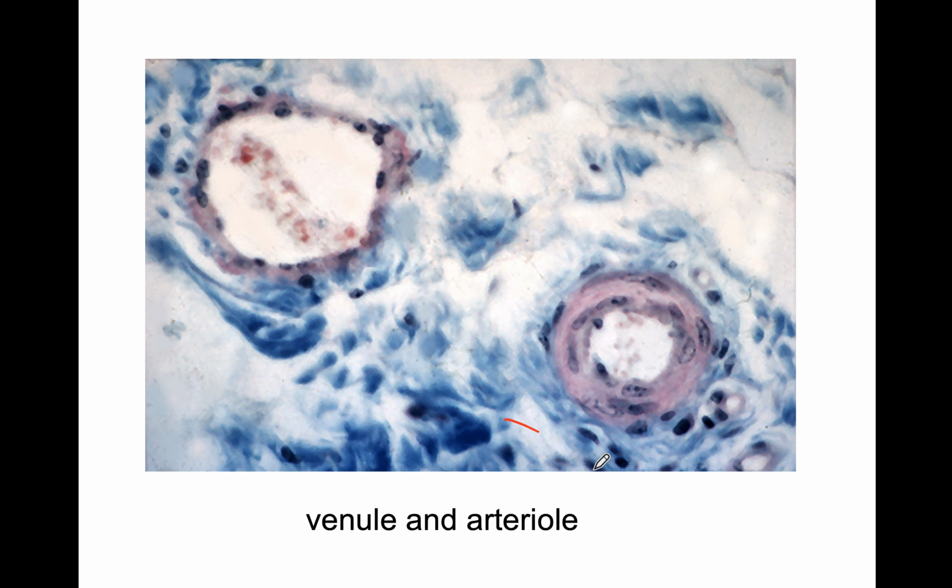Again, this is the arteriole, this is the area of the endothelium, and this here is the area where we have the smooth muscle, and the layer found outside will be the tunica adventitia.